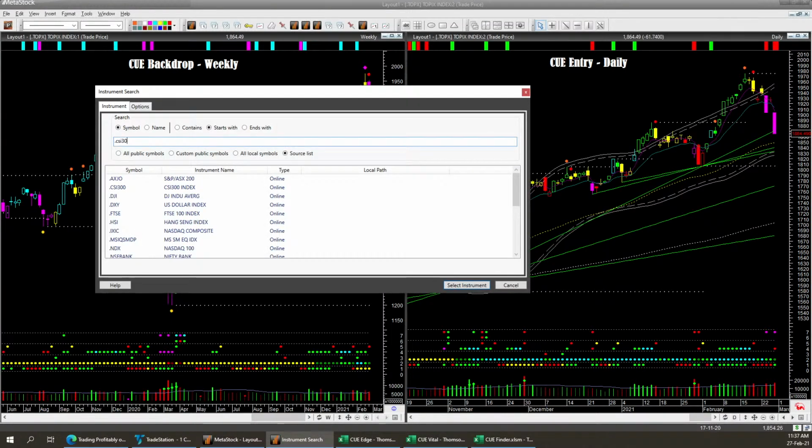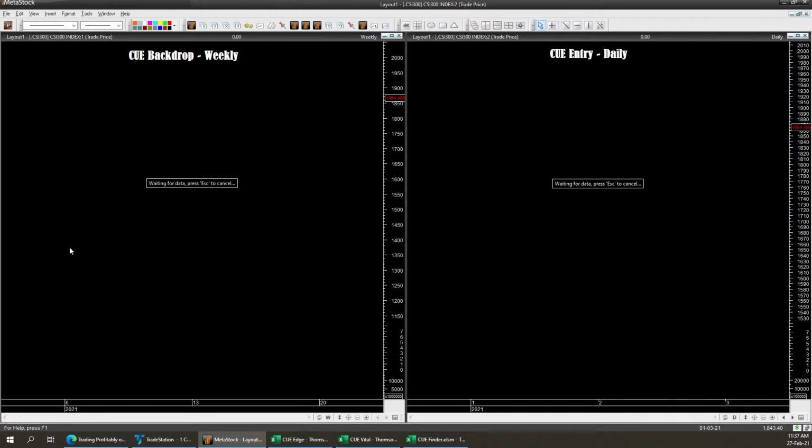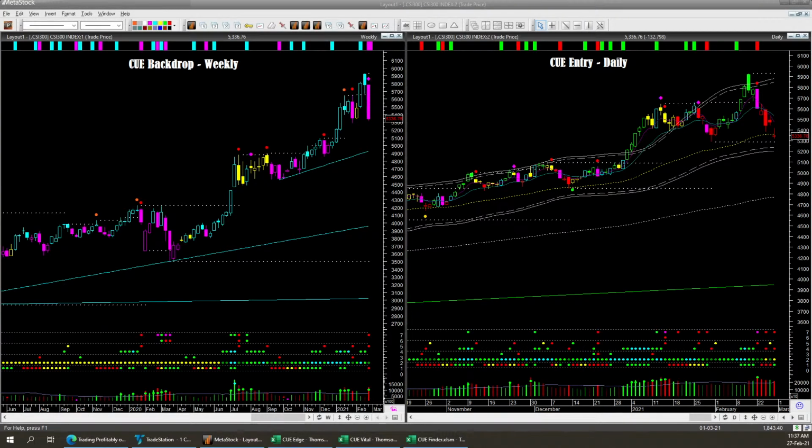China market, CSI 300. This had an indecisive shape candle one week ago. This week it displayed a bearish headwind and dropped sharply. Friday it has an indecisive shape candle, doji candle, bearish pressure, high volume.